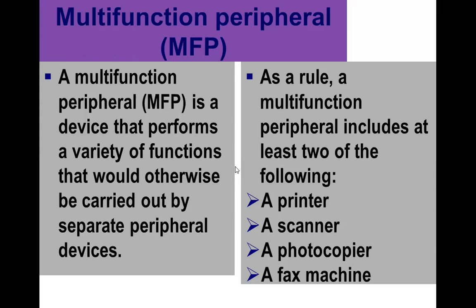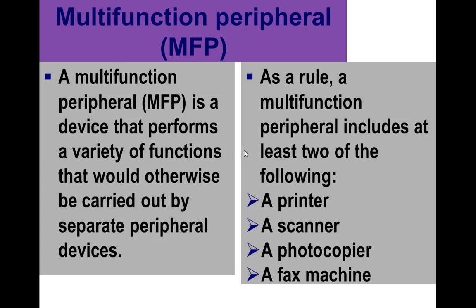And what it does. Now, when it comes to a multifunction peripheral, abbreviated as MFP, is a device that performs a variety of functions that would otherwise be carried out by separate peripheral devices. As a rule, a multifunction peripheral includes at least two of the following: the printer, the scanner, a photocopier, and a fax machine.